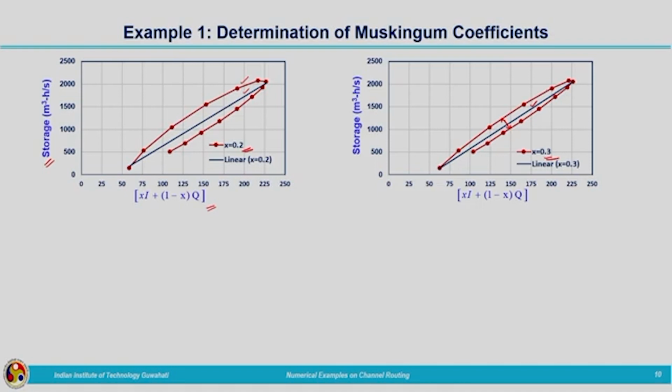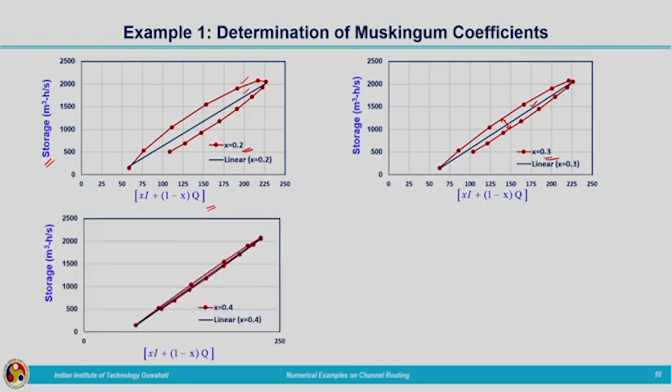Now, we will move on to plot the graph corresponding to x is equal to 0.4. Here you can see the gap or the width of the loop has reduced, and when we are checking with the straight line fitted with the data points corresponding to the loop, it can be approximated somewhat more or less the same.